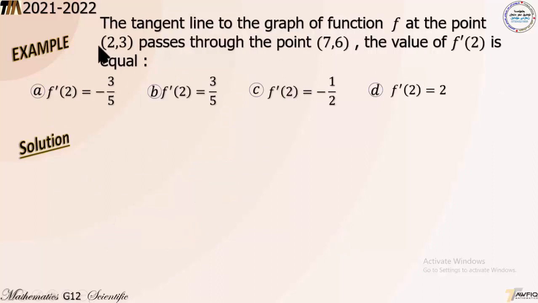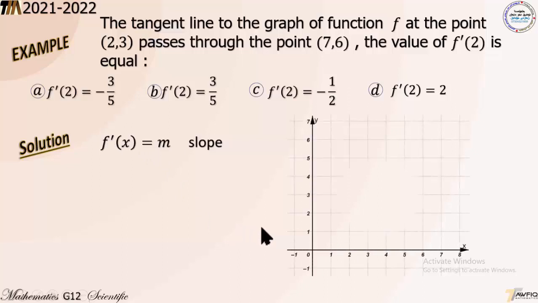Another example, the tangent line to the graph of the function f at the point 2, 3 passes through the point 7, 6. The value of f prime 2 is equal. And now to answer this example, we know that f prime of x is equal m, which is the slope of the function. And now we are going to draw the graph of the function. We have, first of all, point 2, 3.